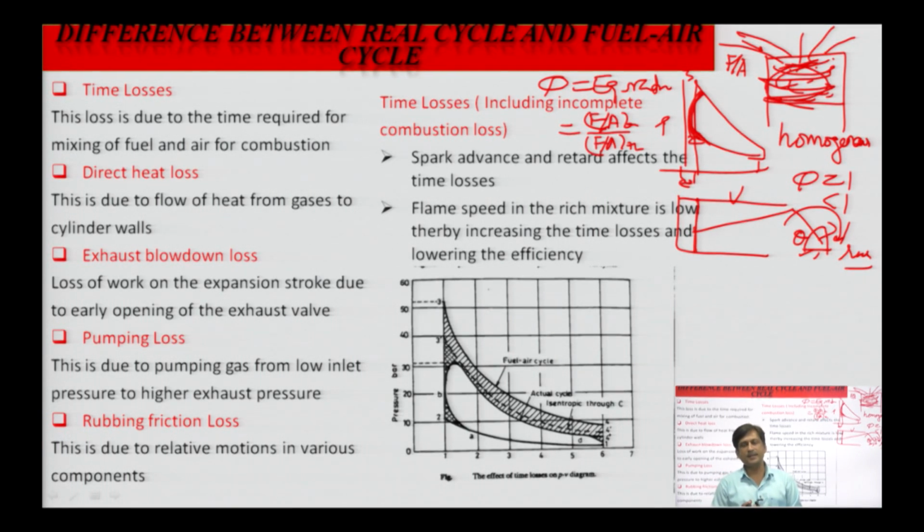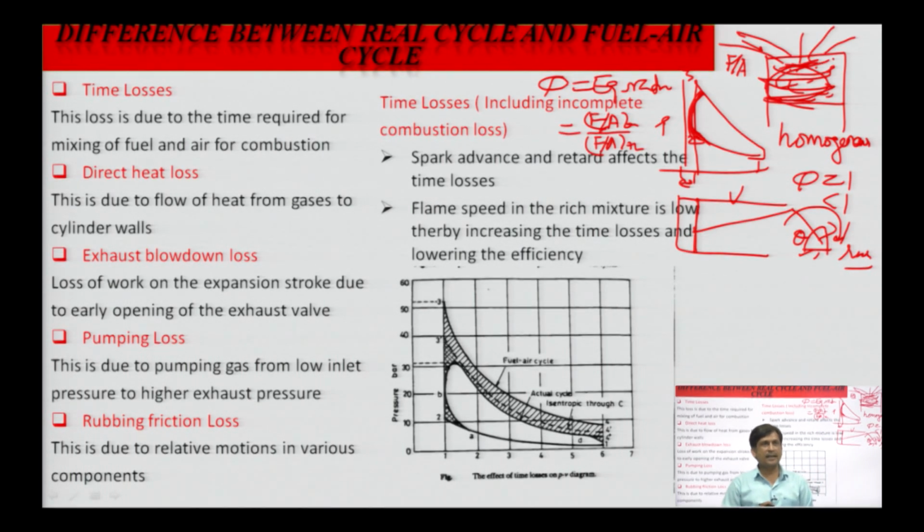It is very major in the diesel cycle as compared to the petrol engine, because in the diesel cycle the fuel air mixture has to be formed. So, time loss plays a very important role, very high, in the diesel cycle.